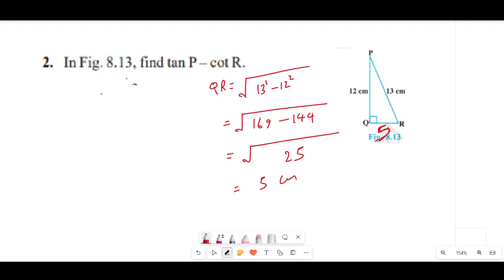Now find the value of tan P minus cot R. First, what is the value of tan P? Tan is perpendicular by base.